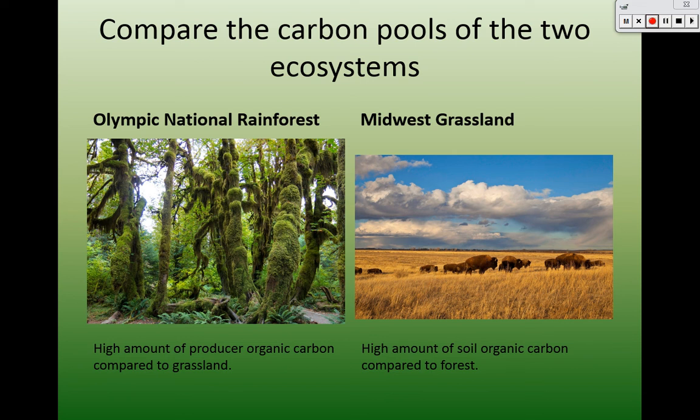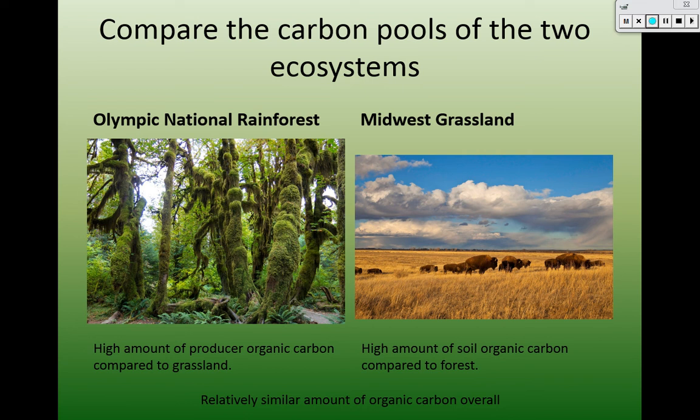We don't grow a lot of crops on the Olympic Peninsula, partly because it's a national park, but the soil is actually not that fertile there. Where you get the fertile soil is in the Midwest, where you've got this seasonal grass that's constantly being decomposed and enriching the soil. But then realistically, probably these two ecosystems have relatively similar amounts of organic carbon overall.